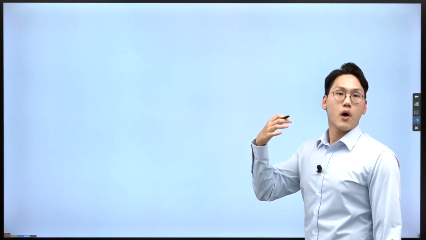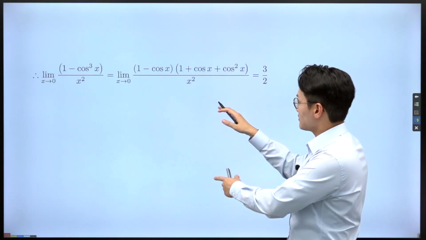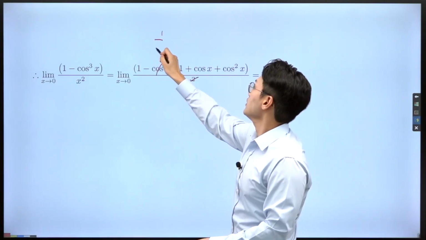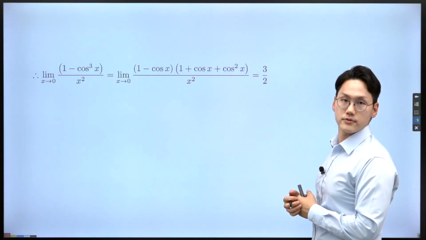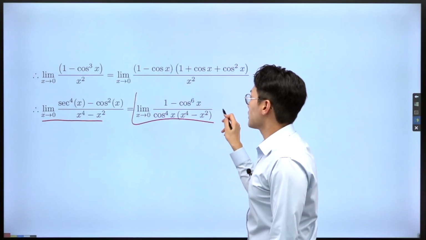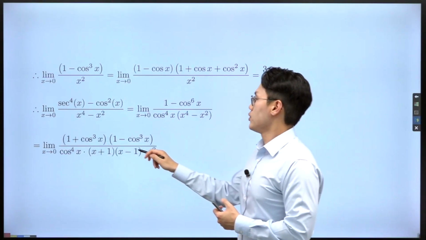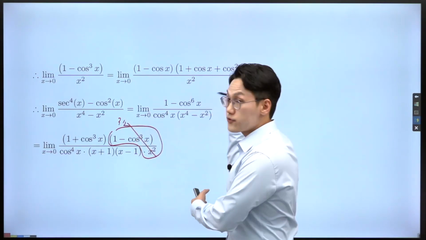So let's see how we can finalize this limit problem. So we had this difference of cubes, which will converge to this because this was half. And this is 1, 1, 1. So that's 3. So if you multiply, it becomes 3 over 2, no problem. So then this was my initial limit. I've changed it in terms of cosine, and I can do the difference of cubes like that, but we realized this will actually converge to 3 over 2 altogether, right?